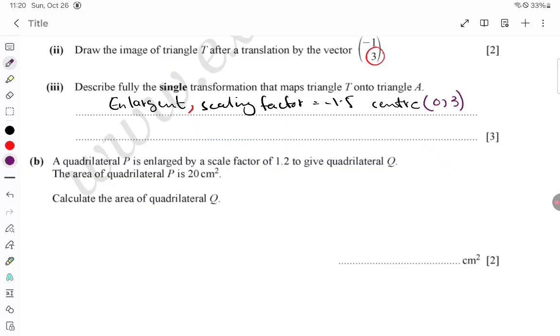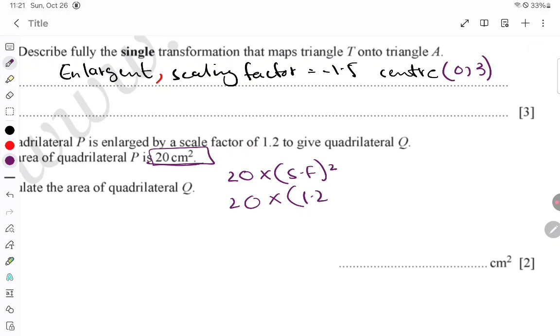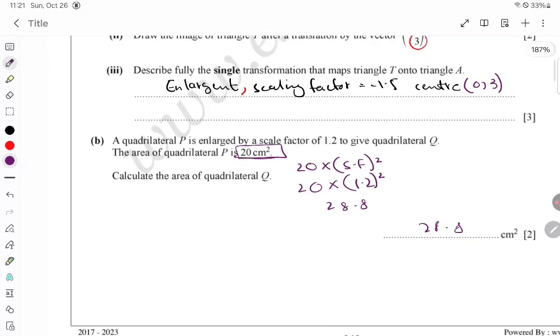Calculate the area of quadrilateral Q. For this, simply use the given area of quadrilateral P, which is 20, multiplied by the scaling factor squared, because we are calculating the area, which is in square units, and the scaling factor is given as 1.2 squared. The answer will be 28.8 cm squared. This is the area of quadrilateral Q.